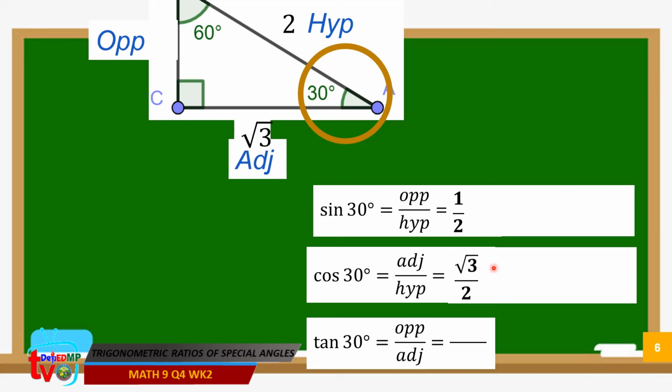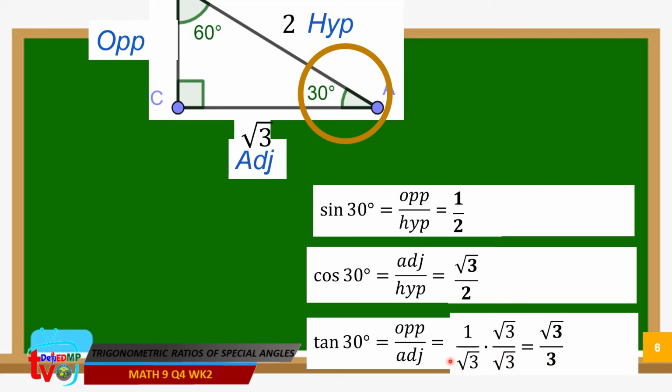And lastly, what is the value of tangent 30 degrees? It is opposite over adjacent, so we have 1 over square root of 3. But since we have a radicand in the denominator, let us rationalize the fraction by multiplying both the numerator and the denominator by square root of 3.